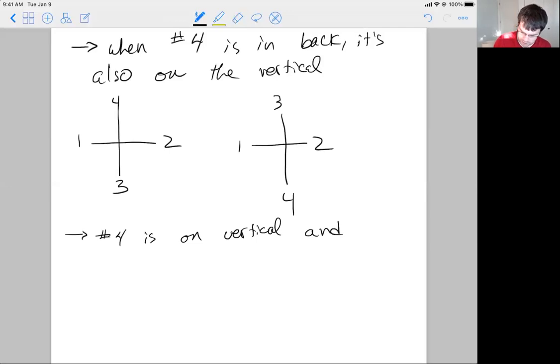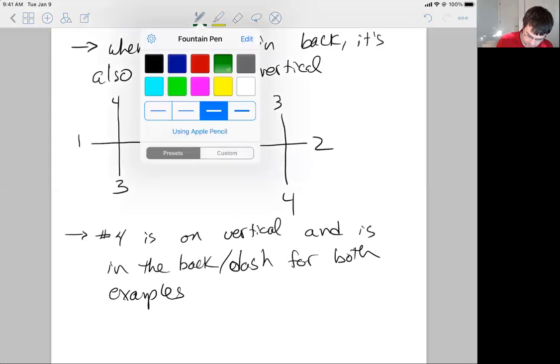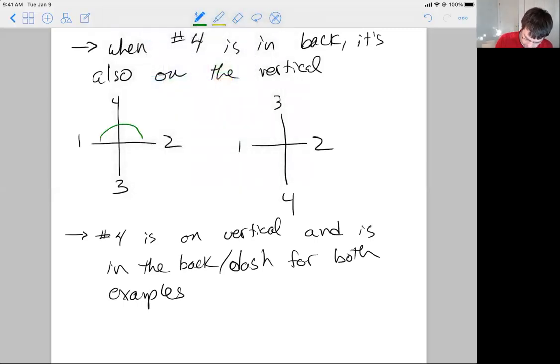So number 4 is on the vertical and is in the back, or a wedge, a dash, for both examples. With that in mind, we just connect 1 to 2 to 3. So I'm going to go 1 to 2 to 3. I do not care about 4. I just ignore 4.